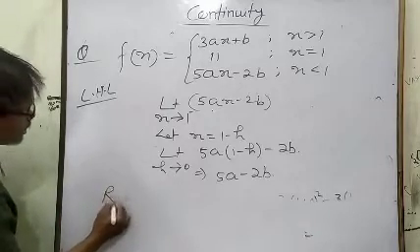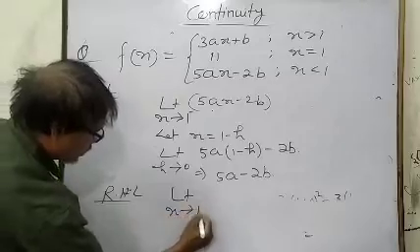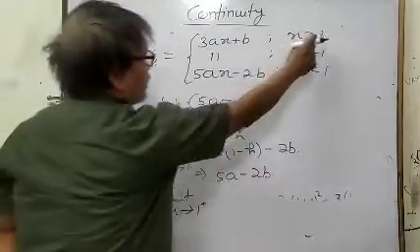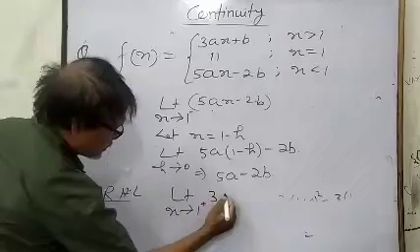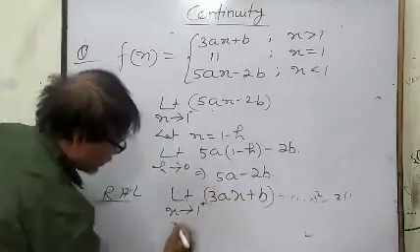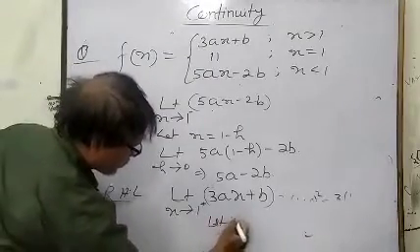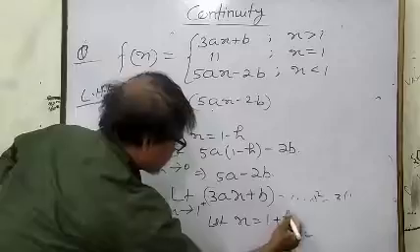Second, the right hand limit. Limit x tending to 1 plus, and for the right hand limit, greater than 1, 3ax plus b. Let x is equal to 1 plus h.